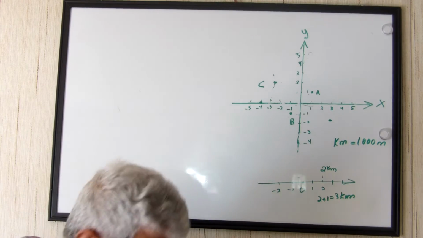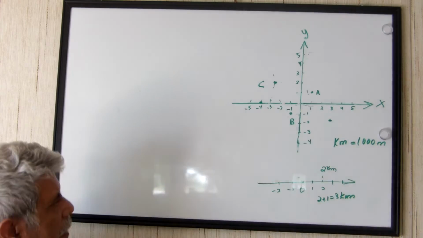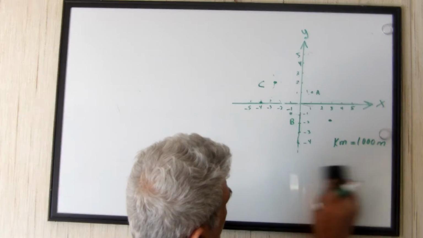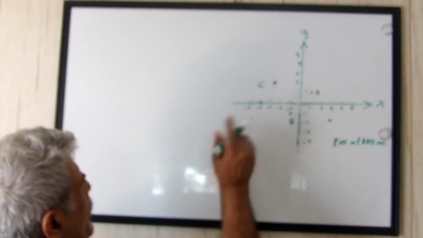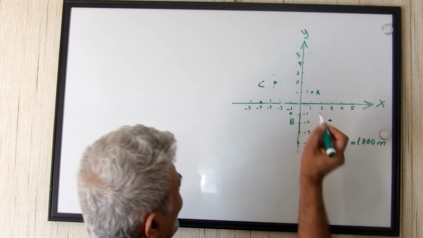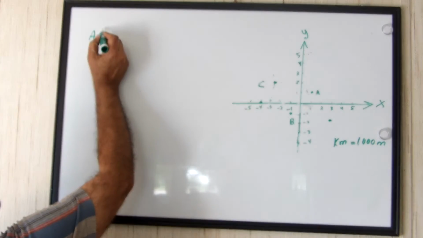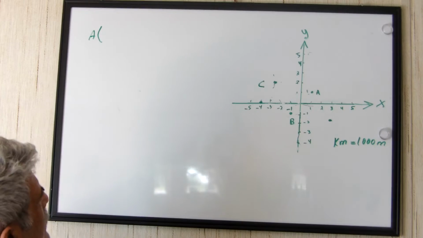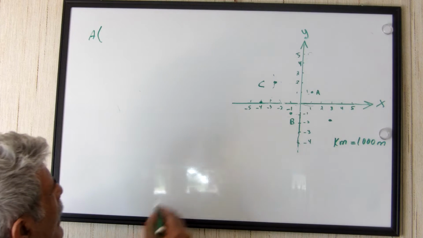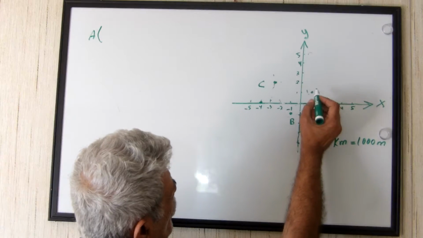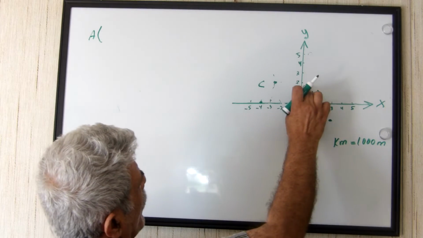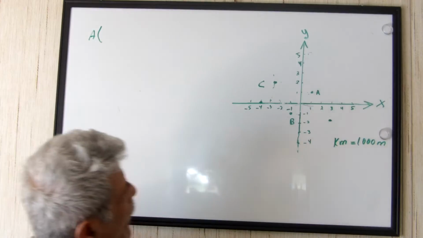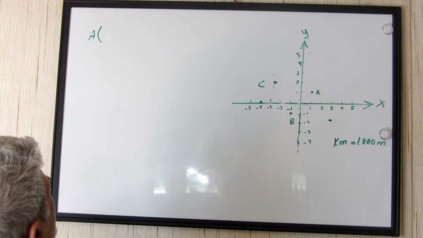What I'm going to talk about now is two dimensions. When you have a point like A, it has two coordinates. You locate this point.